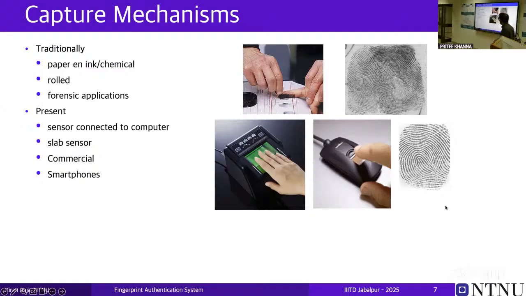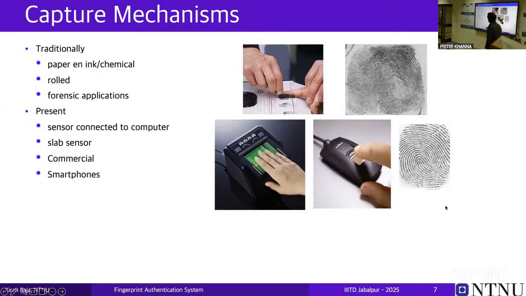And then you have the second one, which is rolled, which means you want to capture the whole finger, press it, and roll. The common application of those is forensics. Let's say a crime has happened, and you want to establish whose fingerprints belong, then you invite all the suspects and try to match them.